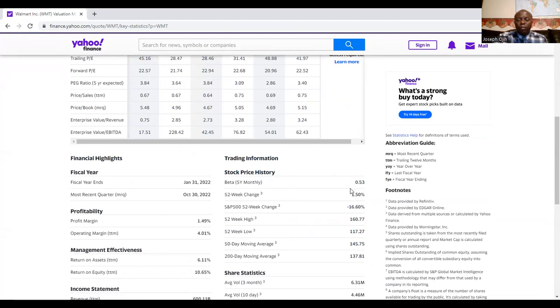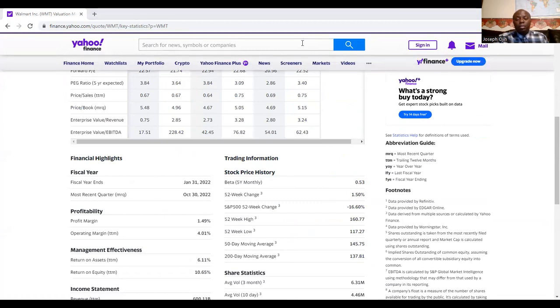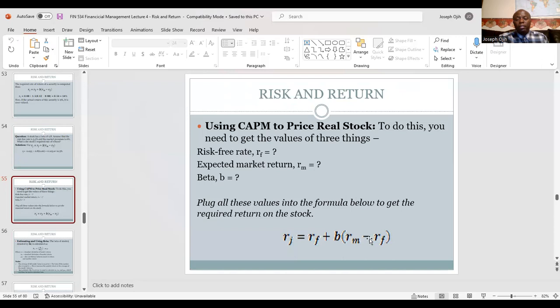For any company that is traded in the stock market, you can open it and get the beta. So once I get all these values, I can just plug them into this formula to get the required rate of return.